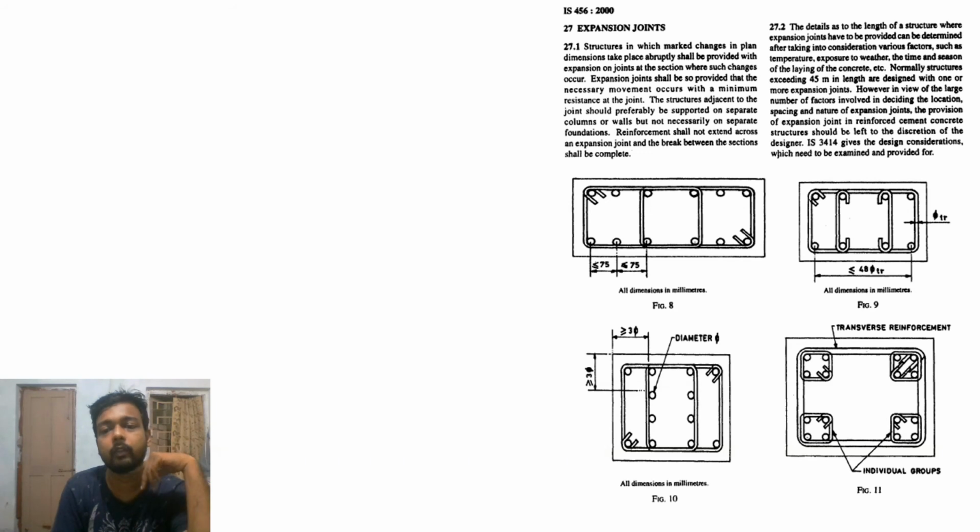And last we talk about the expansion joint. Structures in which a marked change in plan dimension takes place abruptly shall be provided with an expansion joint. So when shall we provide expansion joints? Expansion joints shall be provided so that the necessary movement occurs with minimum resistance at the joint.